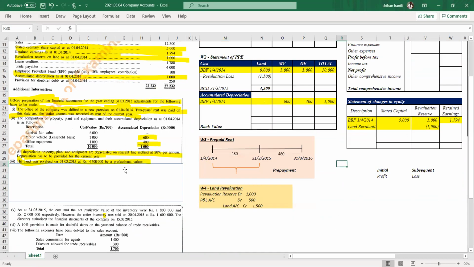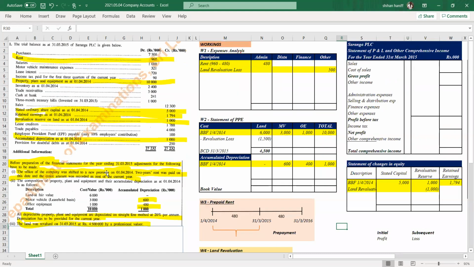Next, as I said, I'm not going to do the lease adjustment. Lease adjustment, I'll explain in the next class. Let's do the rest. Right, so from this question, what I want is for you all to understand basic adjustments and the format. I will be discussing another 5-6 questions related to company accounts.